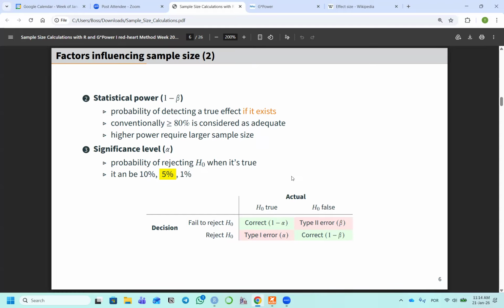And again, if you, as a researcher, fail to reject H naught where H naught is actually false, you are committing a mistake, which we call a type 2 error in statistics. And again, if your decision is rejecting H naught while H naught is false, you are not committing a mistake, and that is a correct decision. We call it the power of the test.